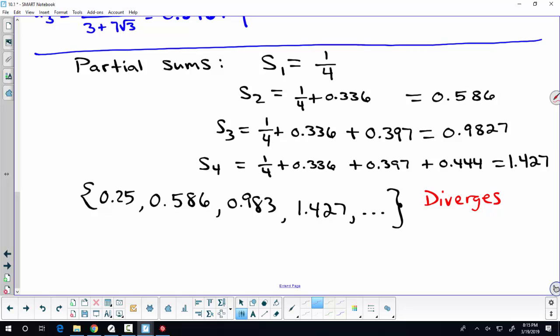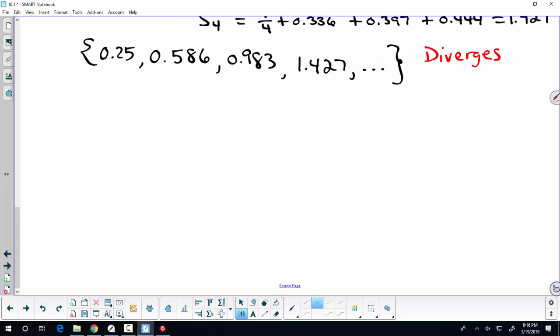Although we didn't go out that far, numerically the limit as n approaches infinity of our nth partial sum is infinite, which means the series itself is infinite.